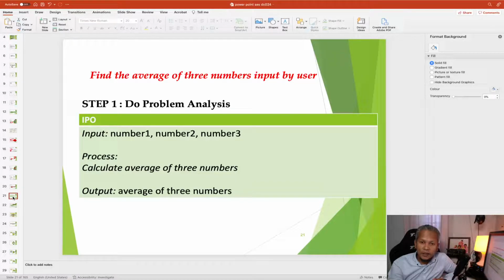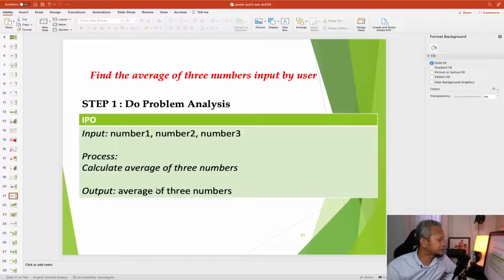The output is average. Here I simplify the words. You can use average only, or you can use average of 3 numbers.